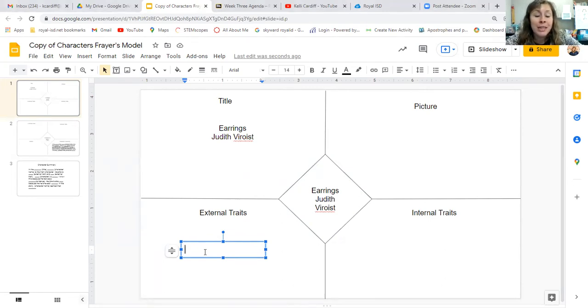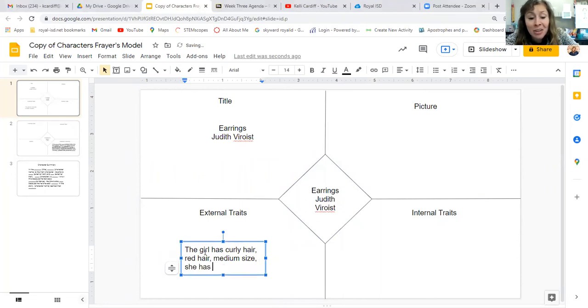So the external traits would be curly hair, or I would specifically put the girl has curly hair, red hair, medium size, right? She's not that tall. We don't know how old she is, medium size.